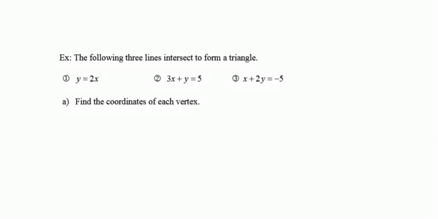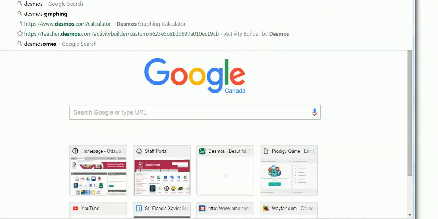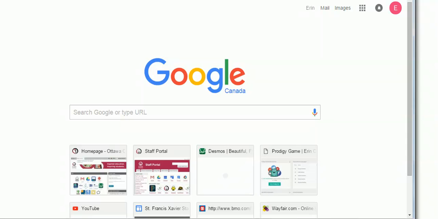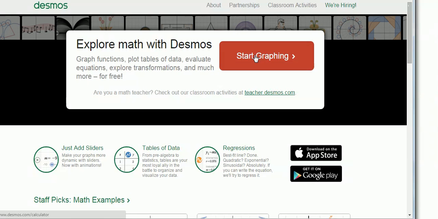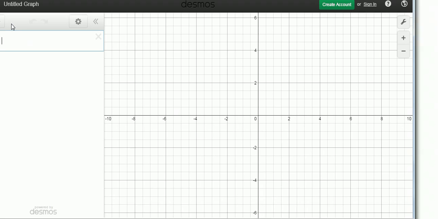So if we were to graph this, why don't we just pull up Desmos and see what the graph of these 3 lines looks like. So let's see if I can get this out of the way here. Okay, so we've got y equals 2x.